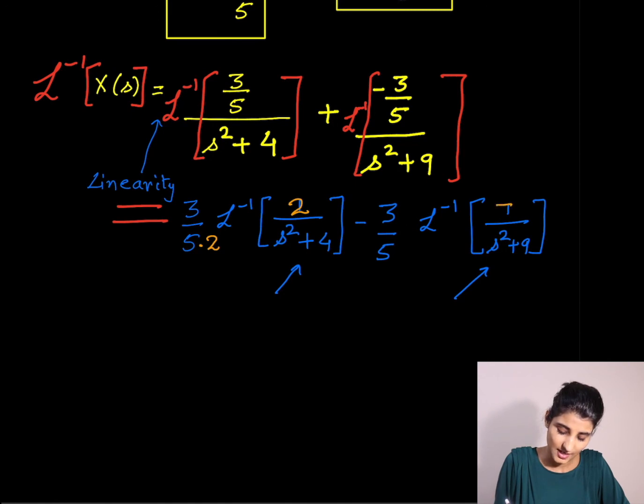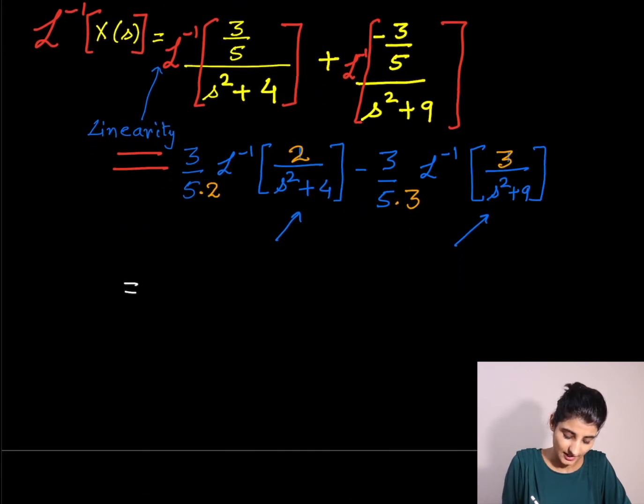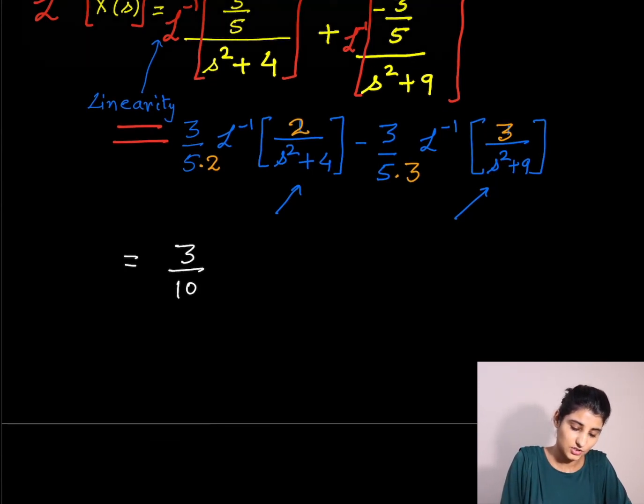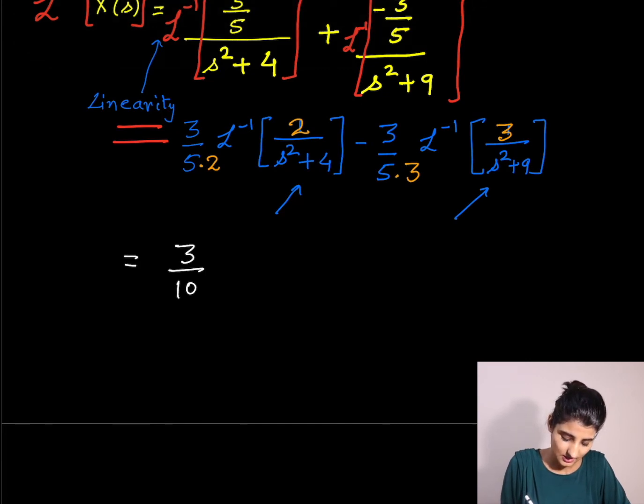So we multiply by 3 and we divide by 3. We are multiplying both numerator and denominator by 3. So now we have 3 divided by 10. Laplace inverse of the first term now is sine 2t plus, minus 3 will cancel out.